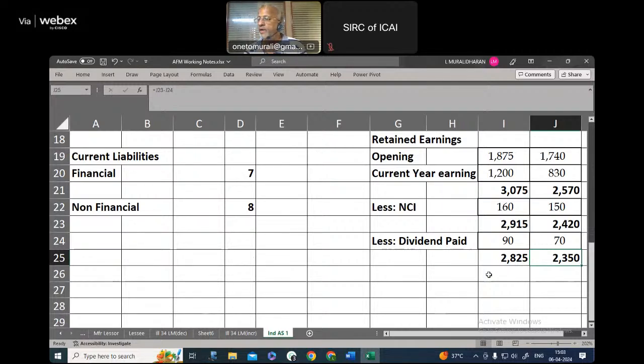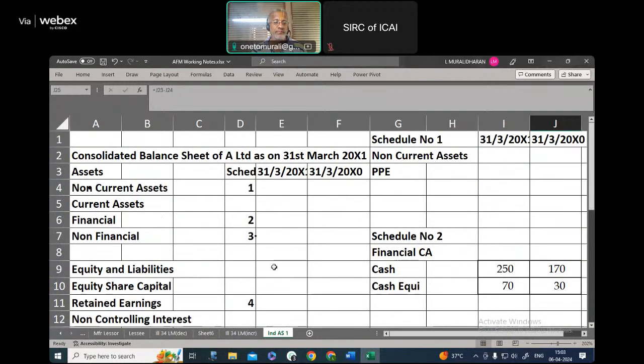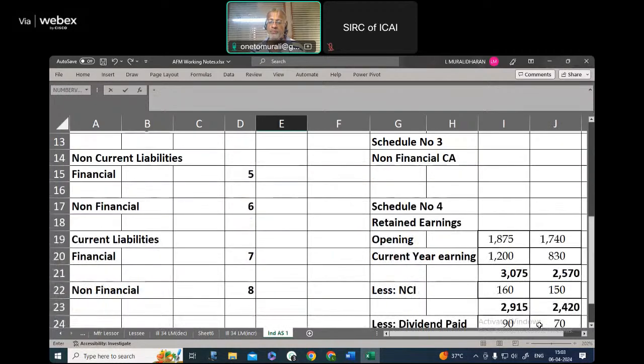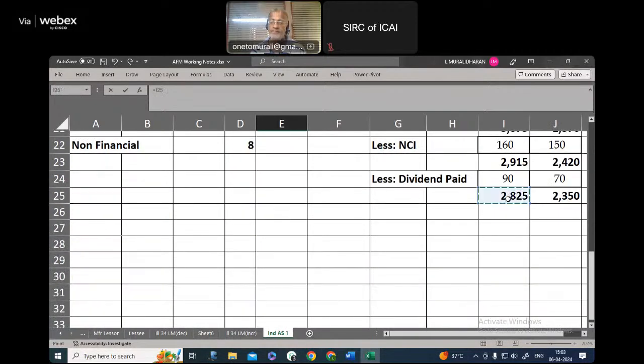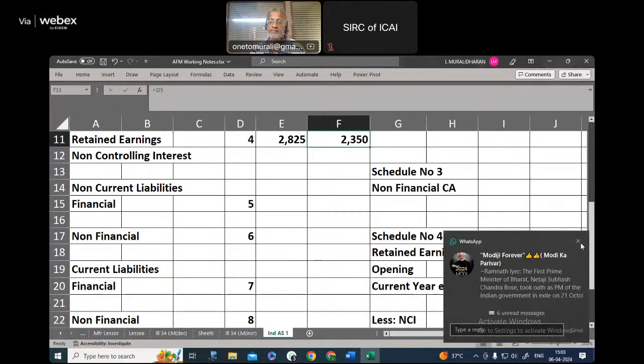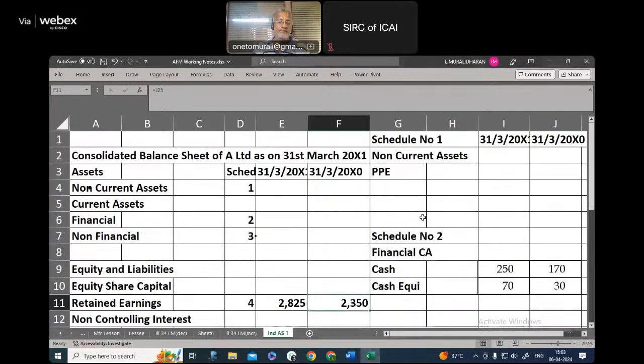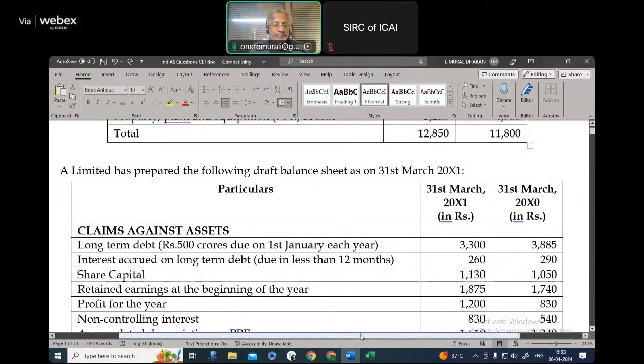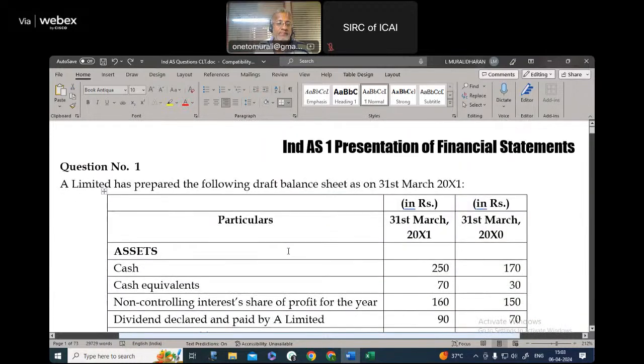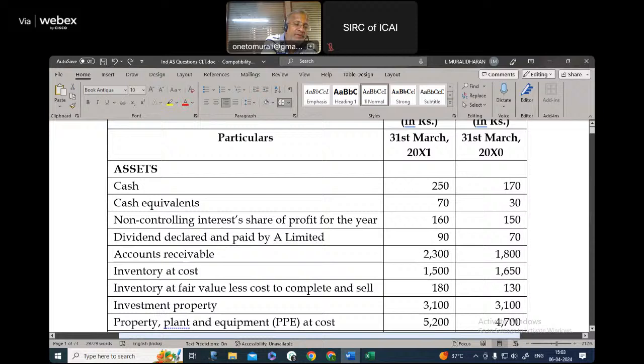So 2825 and 2350. Now we can take it up. So we have taken up cash and cash equivalents. Non-controlling interest and dividend payment we have taken up.